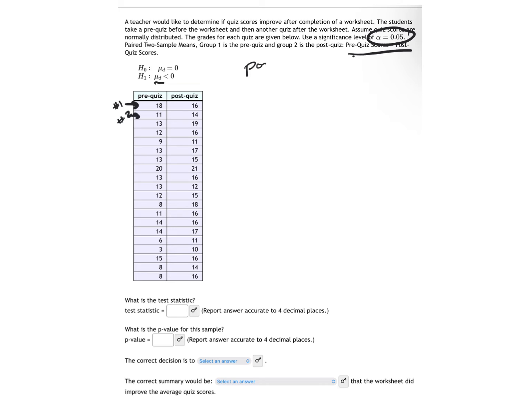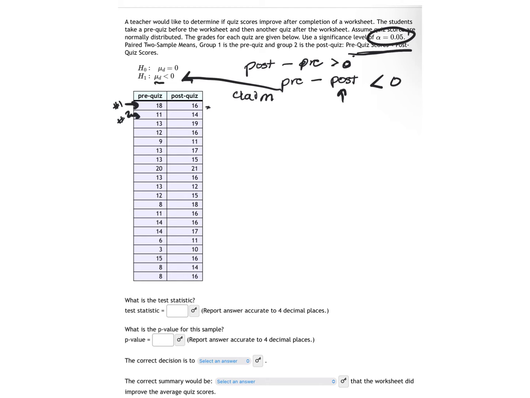So if I did post-test minus pre-test, these would all be greater than 0 because it went up. If I do pre-test minus post-test, like it suggests here, then it would be less than 0 because these all went up and this is down. So that's the idea, and that's what our claim is. You need to give some thought to how you're doing this.